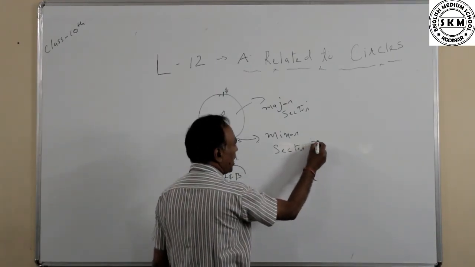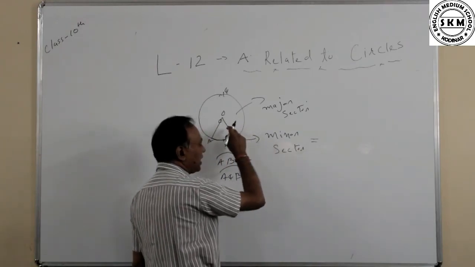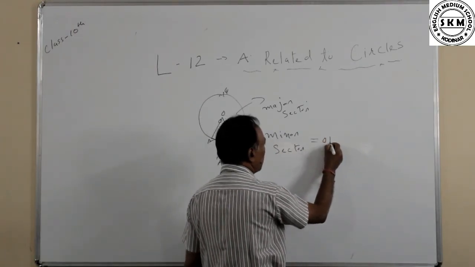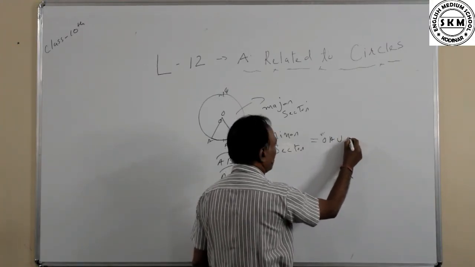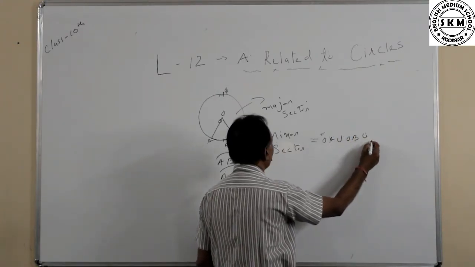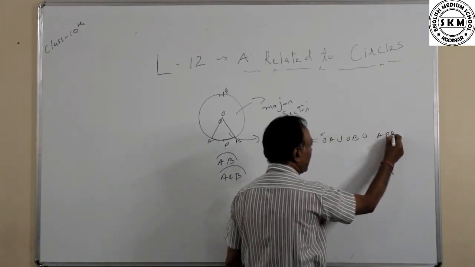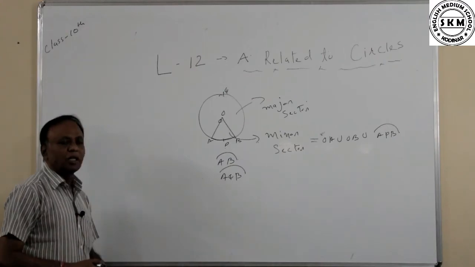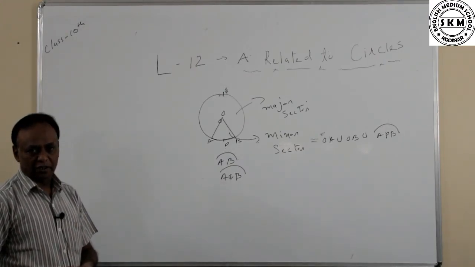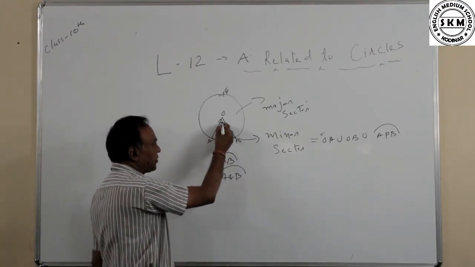Now I discuss the minor sector. Minor sector means the union of OA, union OB, union arc APB. Arc APB is a minor arc. It is called the minor sector.